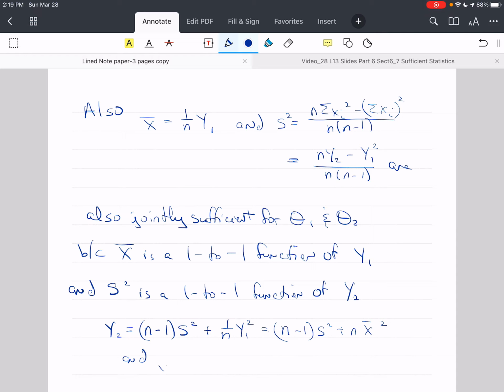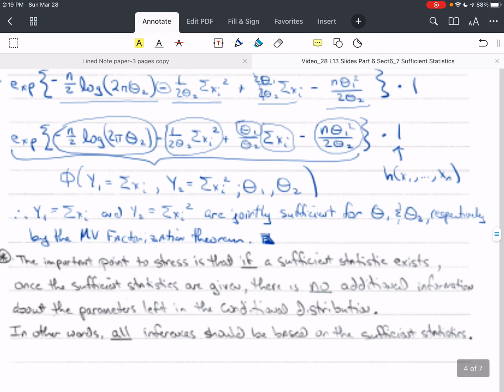And y1 equals n x bar. Okay, so those are the one-to-one functions that we have there. And if you remember, those are functions of our MLE that we found.